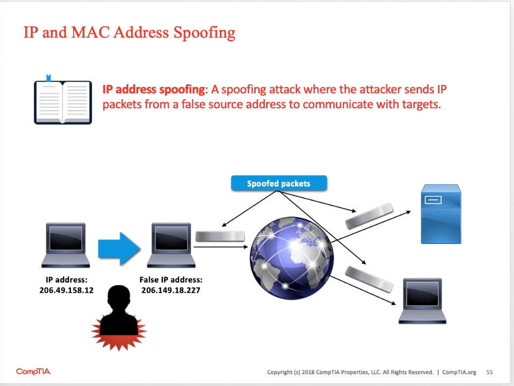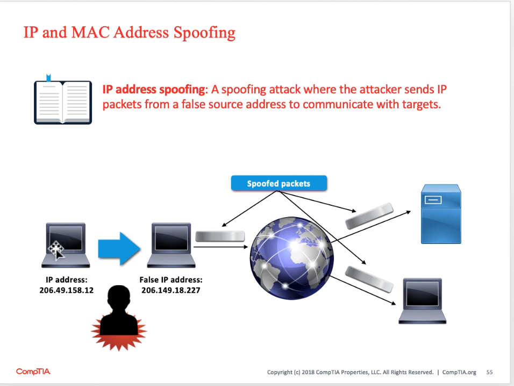Or maybe they'll use the IP address to log on to a website that they're not supposed to. Like if they had cracked another user's password and username for a company, but this company only allows them to log in from a certain location. Well, they can spoof that IP address to be at that location.